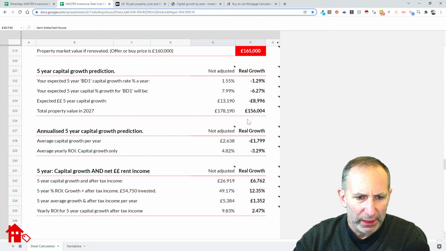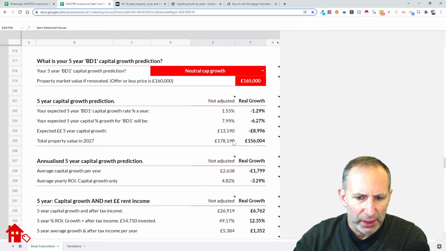And in 5 years' time, if you paid 165,000 for it, it's likely you'll see some nominal capital growth, but in reality, you're likely to lose money in real terms. So say £8,000 or £9,000 in this case would be the purchasing power reduction in value in the property.